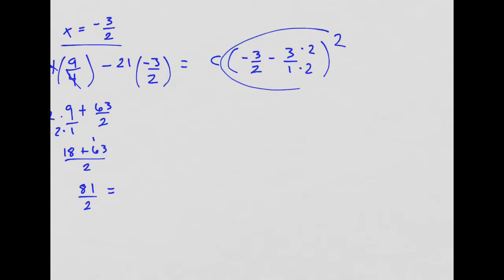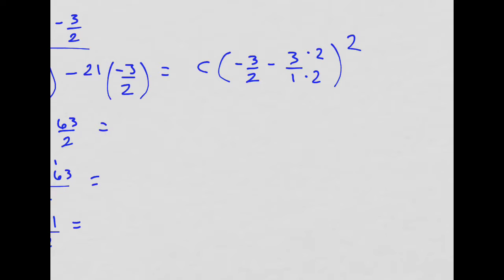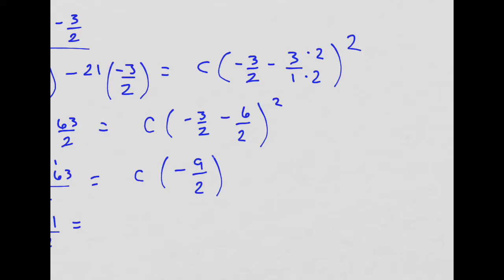Equals, and then I have to figure out this part. Okay, so I have some extra space there. What will this be? Negative 6. I'll write it down. C times negative 3 over 2 minus 6 over 2. Cool. That's negative 9 over 2. So C times negative 9 over 2. Hey, that's nice.